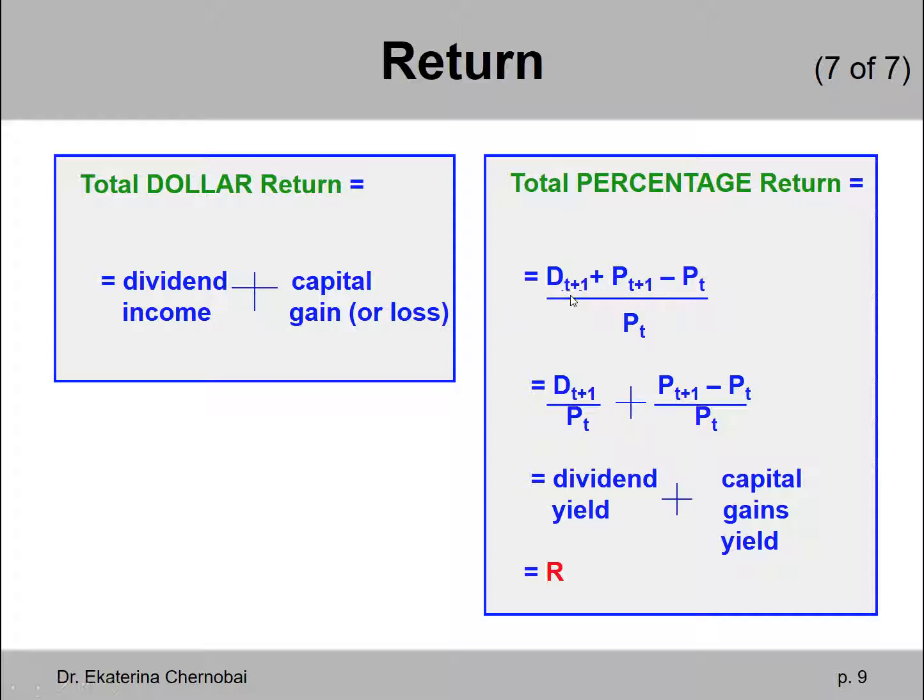And then you divide that total dollar return, which is essentially what this is, by the price paid at the beginning of the year. So this is how we calculate the total percentage return, which is denoted by capital R. And again, the last few slides should look very familiar because we had exactly that in the second part of chapter 8 on stocks.